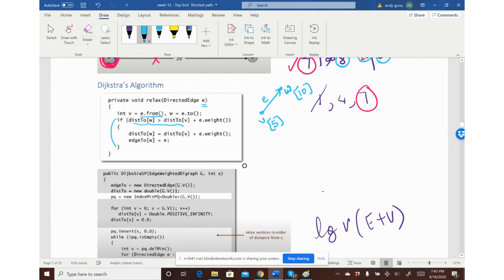This is what we know so far. And then let's assume that the edge weight from V to W is 2. So what this says is that distance to W, which is 10, you compare it to distance to V plus the weight of E. So should we change the distance to W?